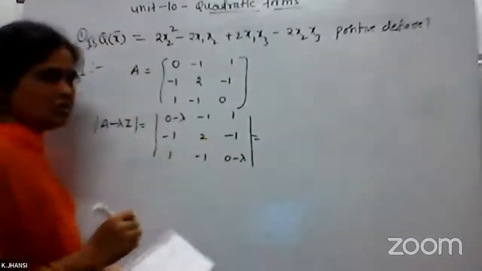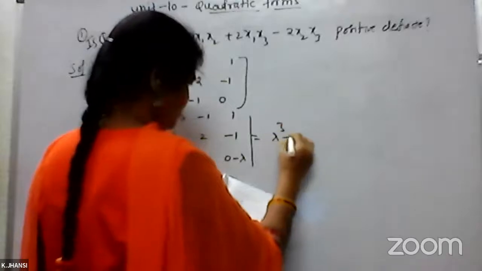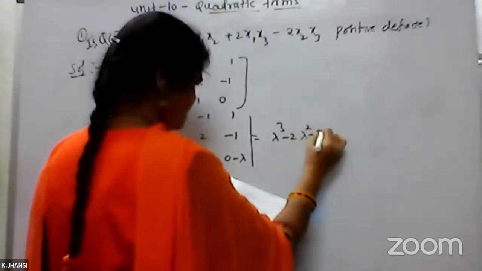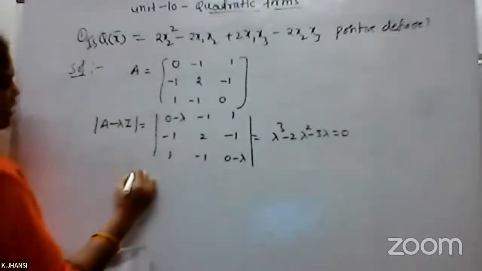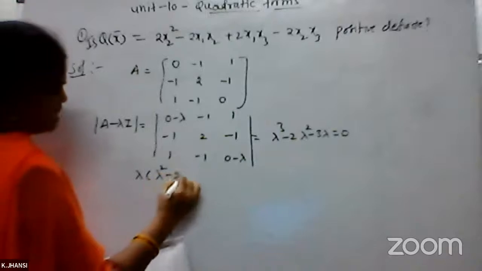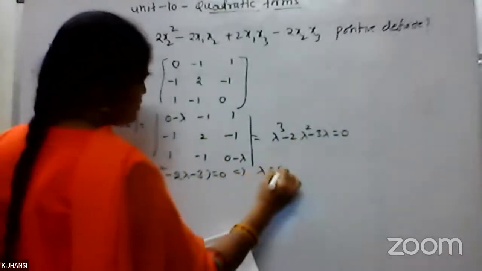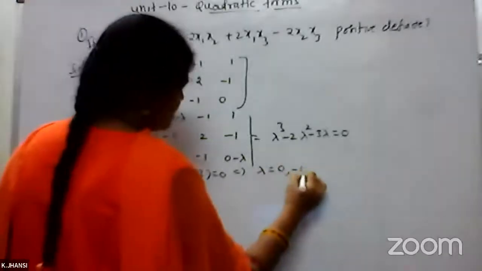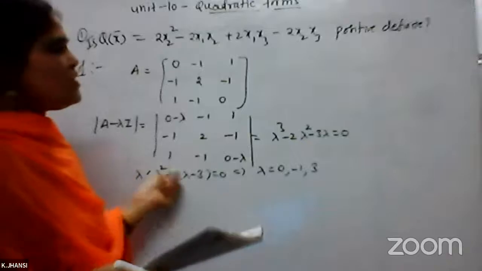So we got the polynomial lambda cubed minus 2 lambda squared minus 3 lambda equals 0. If you take lambda common, lambda squared minus 2 lambda minus 3 equals 0. So you will get the lambda values as 0, minus 1, minus 3. Up till here we completed yesterday.